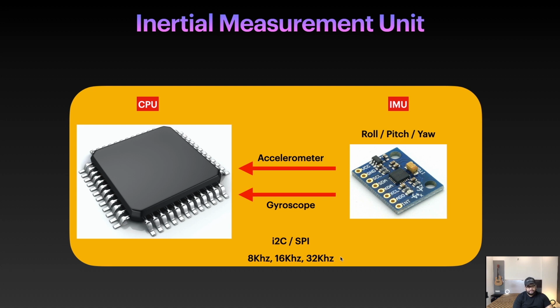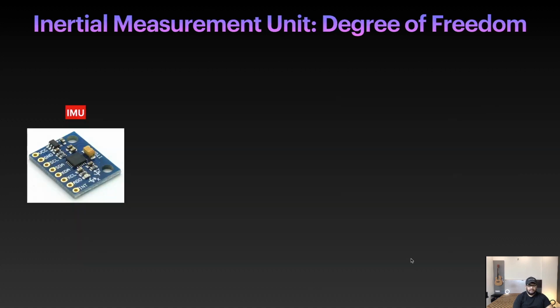The overall thing happening here is the more data, the more information the CPU has to process, which might sound counterintuitive, but actually more data is useful. If you are sending more data, then you know more precisely where your drone is at one particular instant. So that is why you need an IMU with higher data rates.